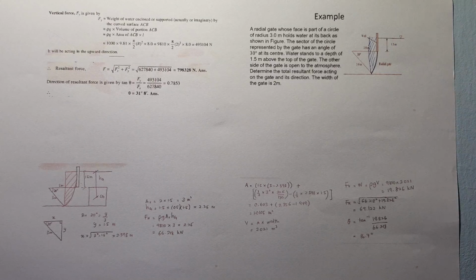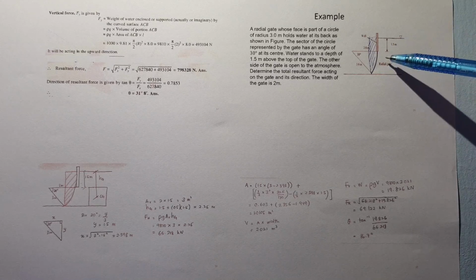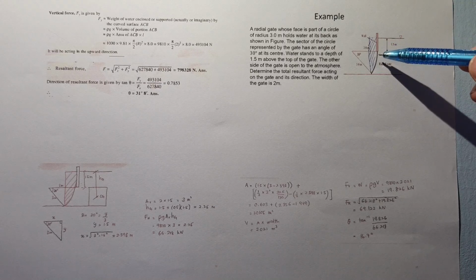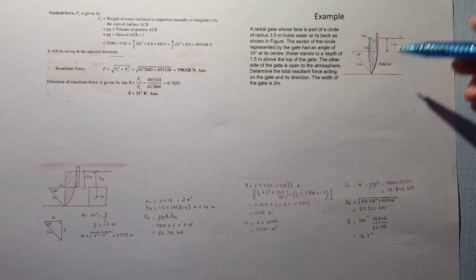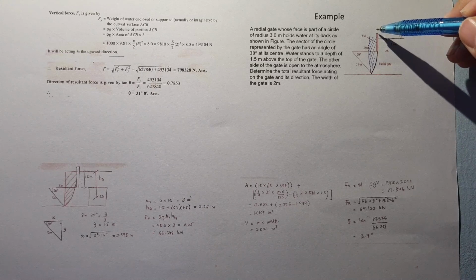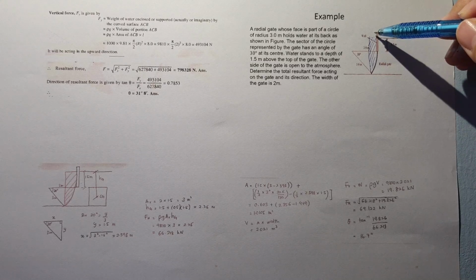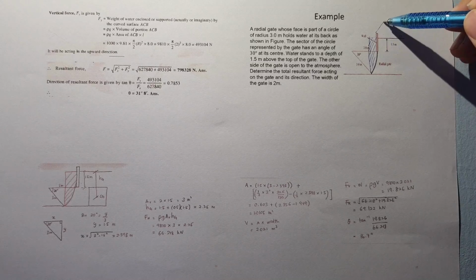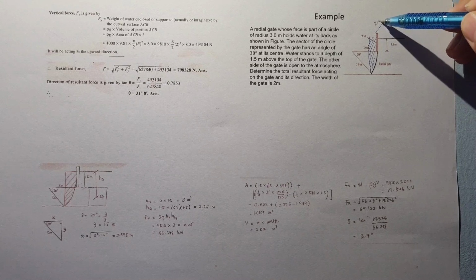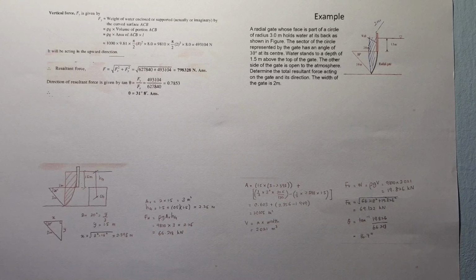Okay, so the problem asks you to calculate the resultant force acting on the gate and also the location, and the width of the gate is 2 meters. Okay, how to calculate?